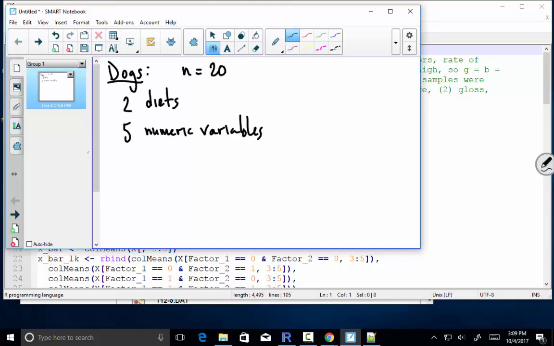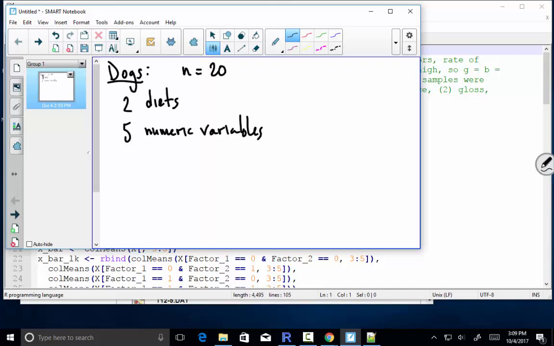One possibility would be pick one of the variables, triglyceride abundance, say, and do a 2-sample t-test comparing the dogs in diet A to the dogs in diet B on that one variable. And that's what he has done so far. He's got univariate t-test based inference. And so 5 p-values, 5 confidence intervals, 1 for each of these variables.